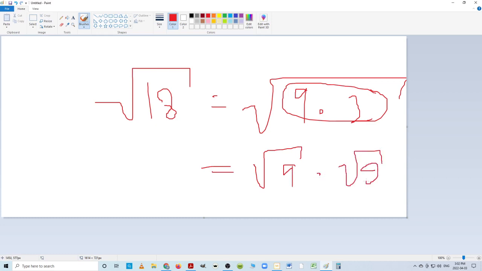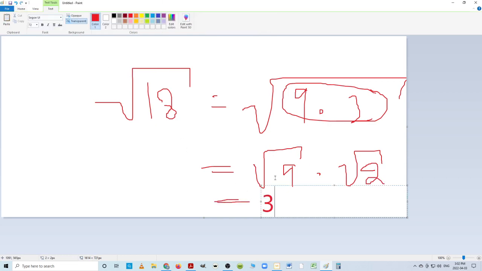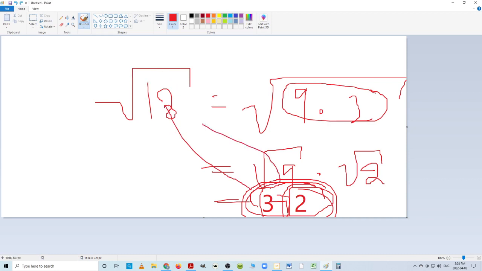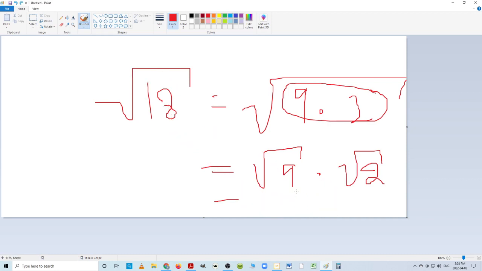And obviously the square root of 9 has a square root, and you're left with 3 square root of 2. And this is the simplified mixed, it's called mixed radical because it has a whole number and a radical of this. And this too you'll find will be useful.